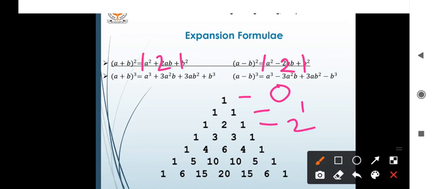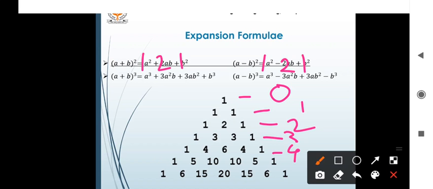In case of the square expansion or cube expansion or nth power expansion of a minus b, you will get alternately positive and negative terms, but there is no change in these coefficients. This is for degree 3, and similarly you can get the next row of coefficients for degree 4.